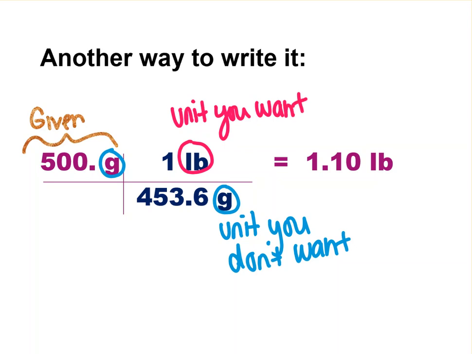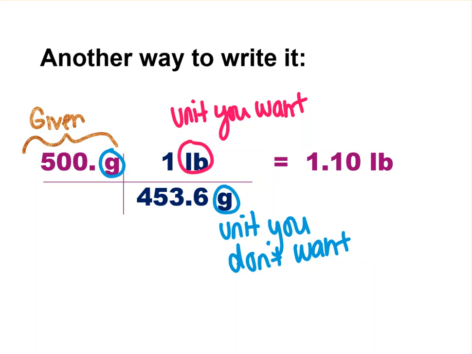Again, this is just a one-step problem. If we wanted to, we could go on and convert to ounces or something like that, with another step with pounds on the bottom and ounces on the top. But we always cancel out what we don't want and have left what we do.